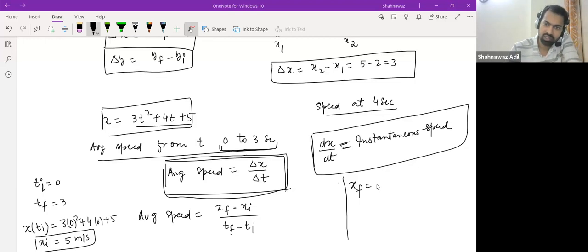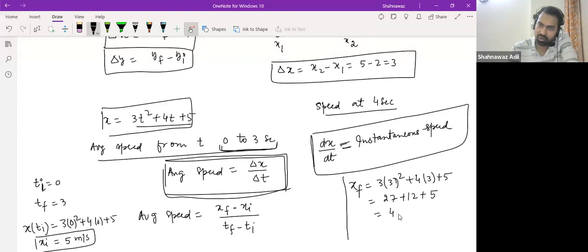Okay, so let us check, because the majority is 44. So let us calculate: 3 into 3 square, and then 4 into 3 plus 5. So this is 27, this is 12, and this is 5. So this is 39 plus 5, which is 44. Please check your calculation.